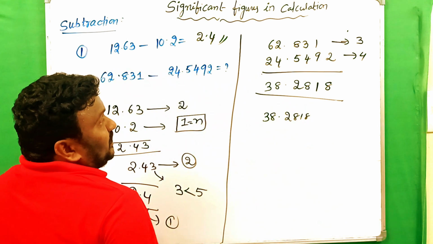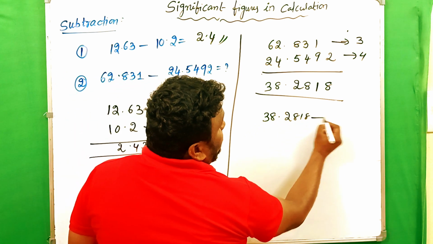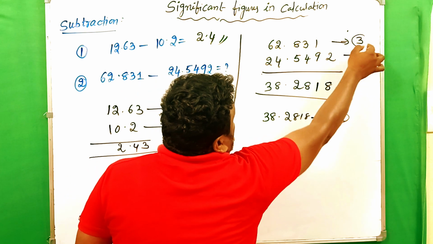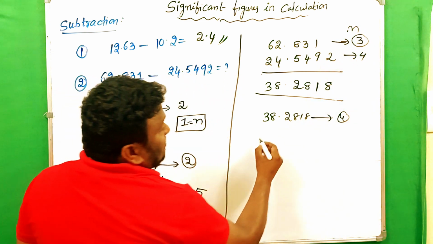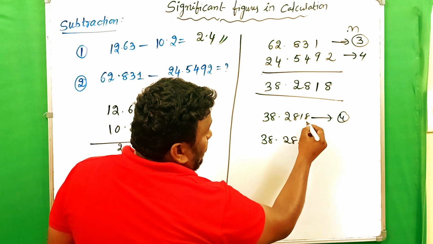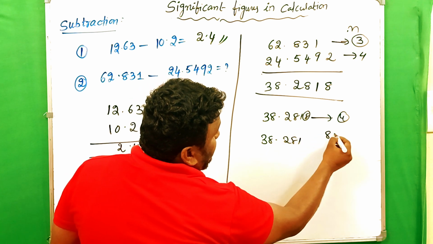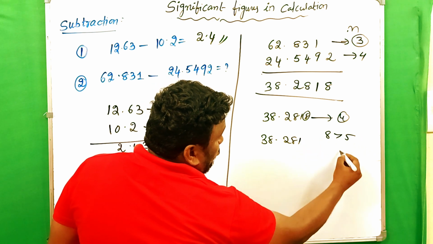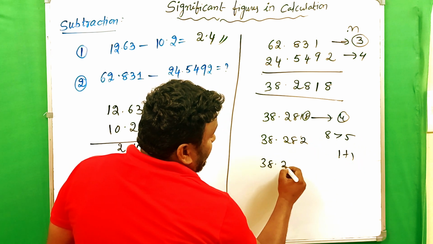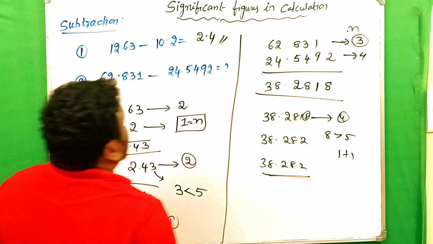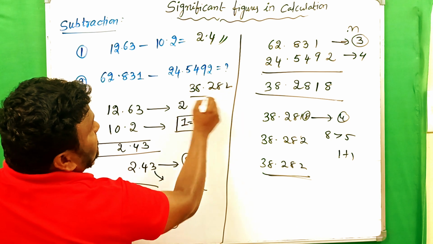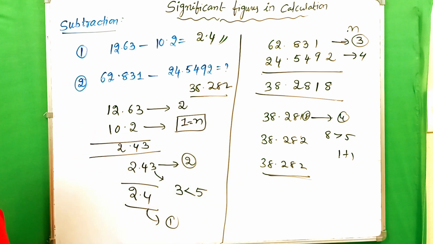Again here how many decimal places are there? 1, 2, 3, 4 are there, and that is going to be rounded off up to n equal to 3. That's why here 38.281 and 8 is greater than 5. That's why 1 plus 1 is 2. So 38.282. This is the answer as per significant figures.